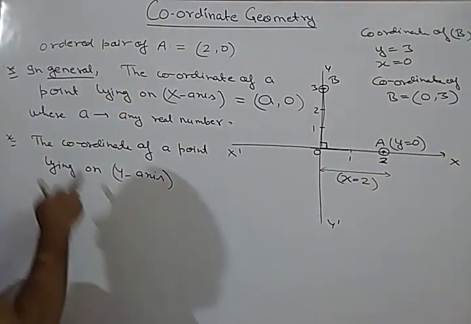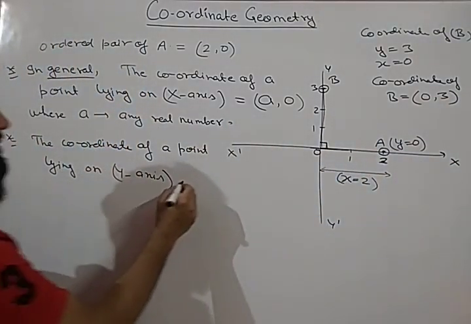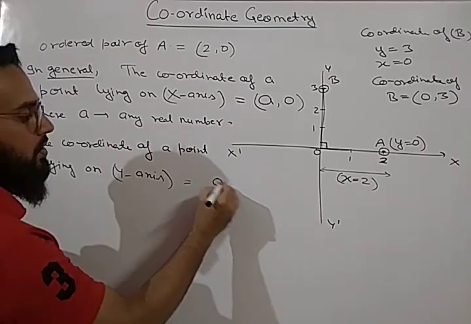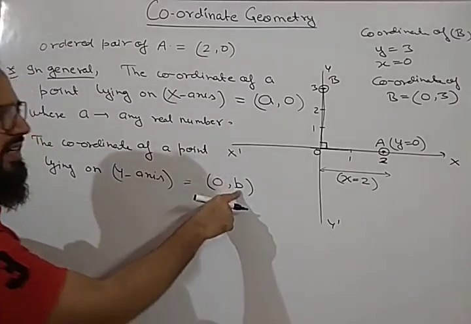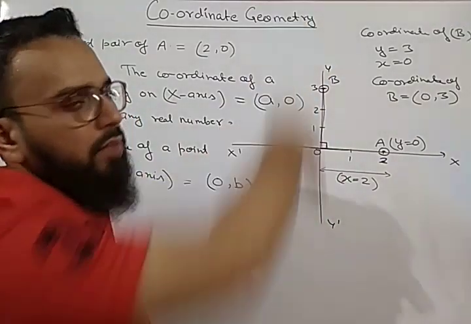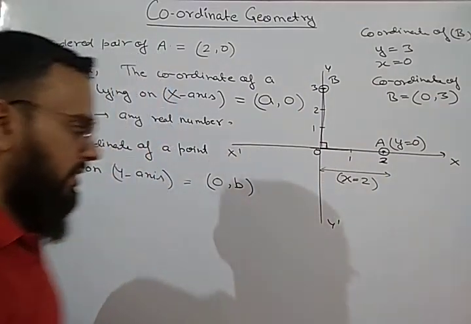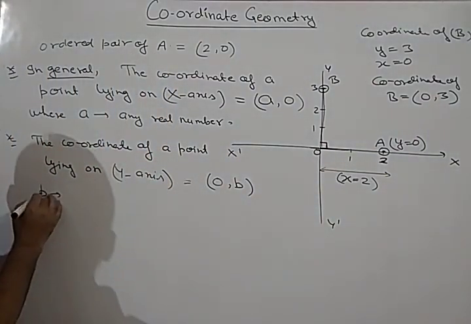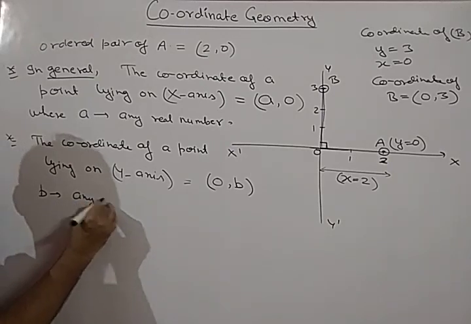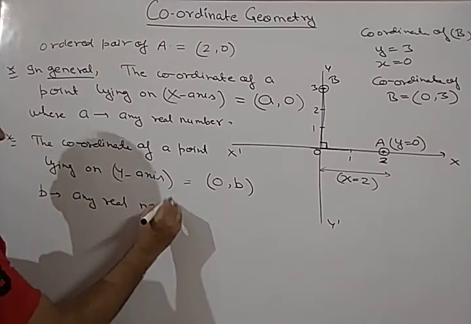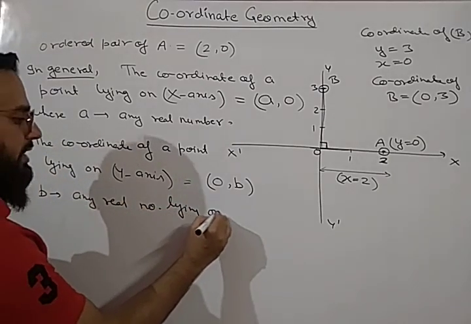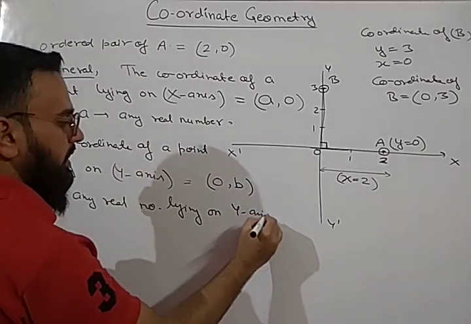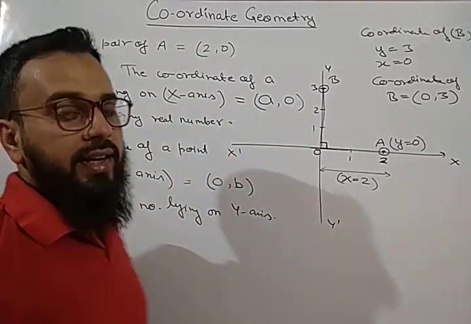So the coordinate of a point lying on the y-axis is (0, b), where b is any real number lying on the y-axis, whether positive or negative.